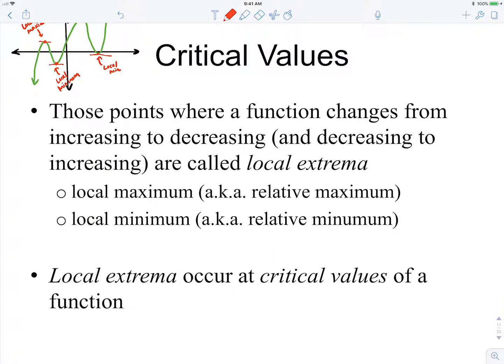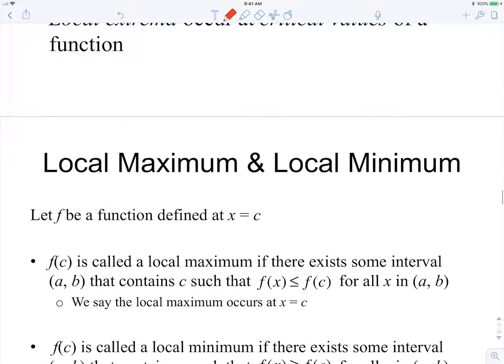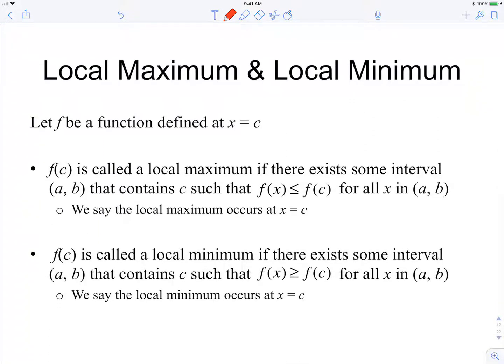Okay, so local extrema occur at critical values of a function. Well, what are critical values? Oh, here's our definition for local maximum and local minimum written out. So f of c is called a local maximum if there exists some interval a to b that contains c such that f of x is less than or equal to f of c for all the values of x on the open interval from a to b.